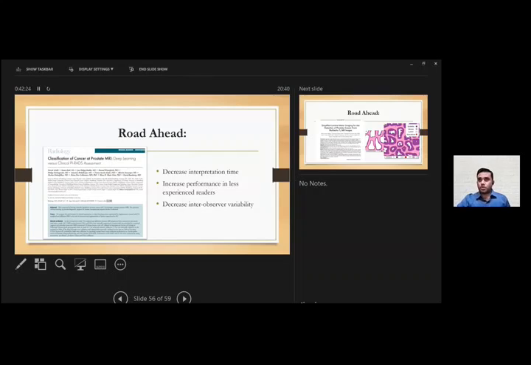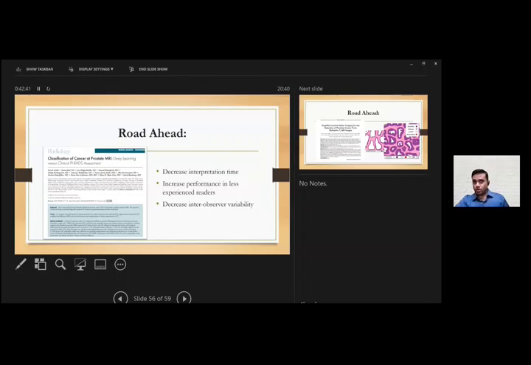But I'm not so sure how significant the decrease in interpretation time is, because anywhere in Kerala we will probably be issuing the reports within about 6 hours, whereas in Europe and America it would be 2 or 3 days.